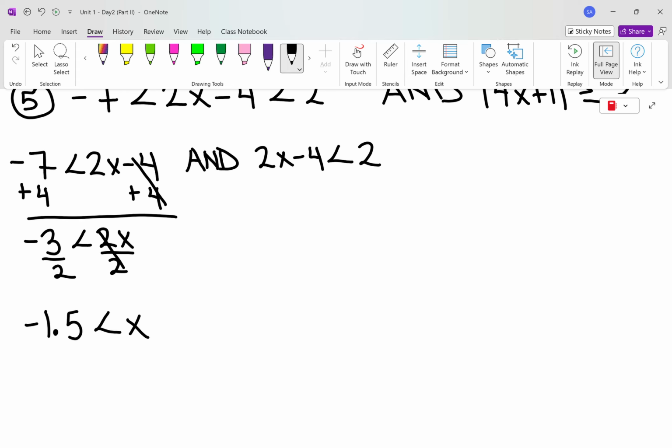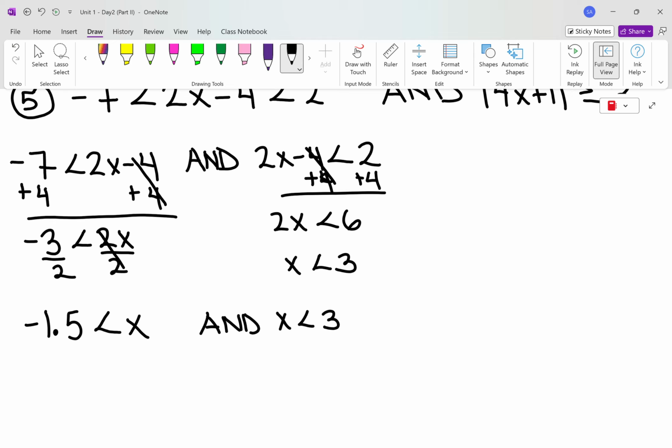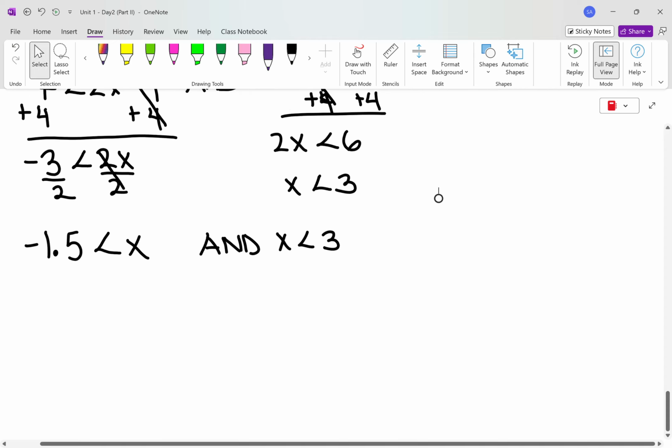Negative 1.5 is less than x. Now let's solve this side. So plus 4, plus 4. So we're going to have 2x is less than 6 and x is less than 3. So I have negative 1.5 is less than x, and x is less than 3.